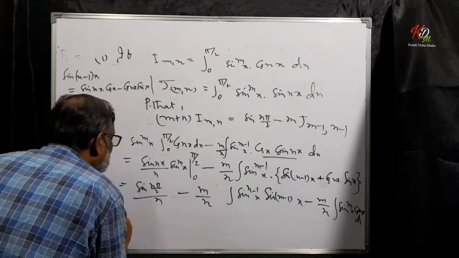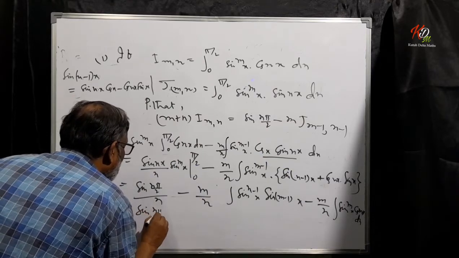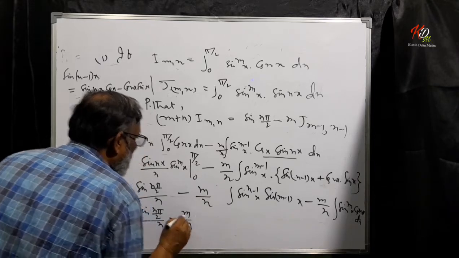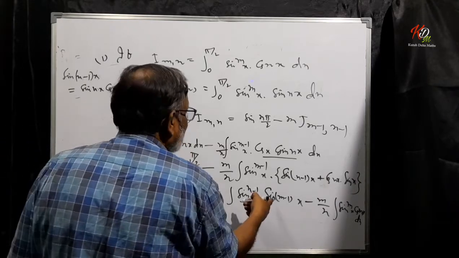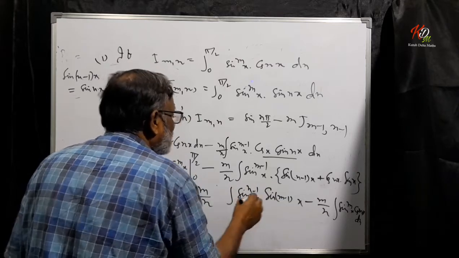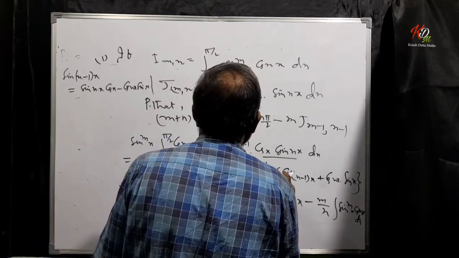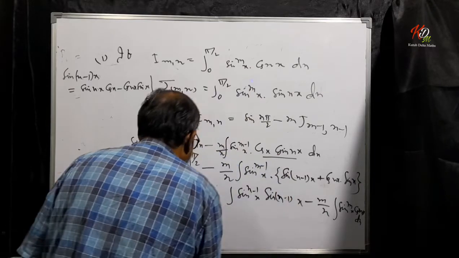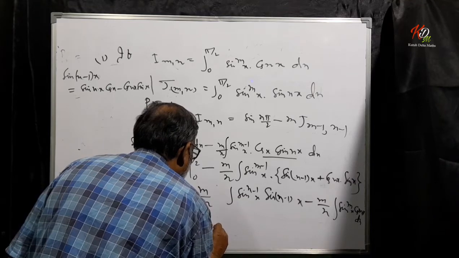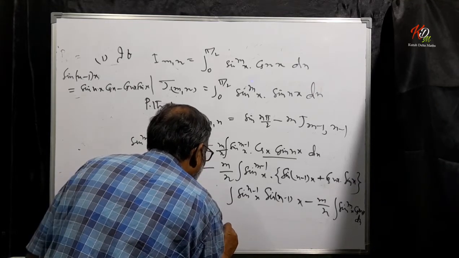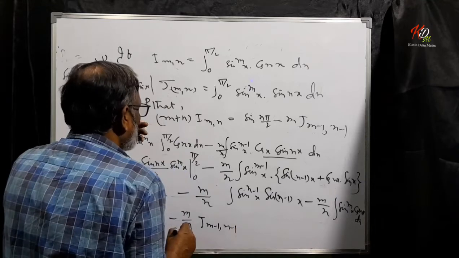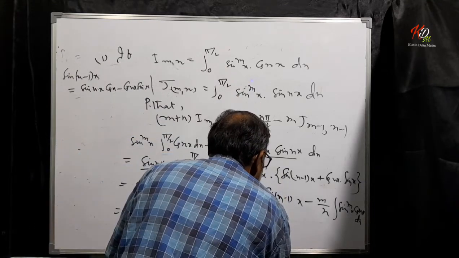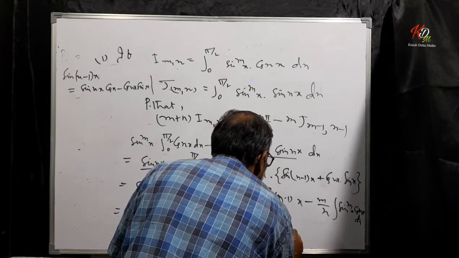Now sin n pi by 2 by n minus m by n times J m minus 1 n minus 1 minus m by n times I m n.